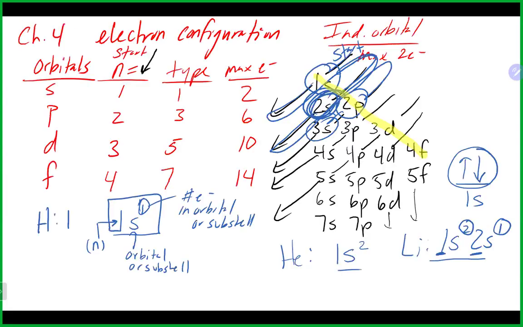So with that being said, let us continue on here. And we did lithium, so might as well continue on. We'll do number 4, which is beryllium. Once again, here we're going to start at the very top. So I'll just remake that real quick here.